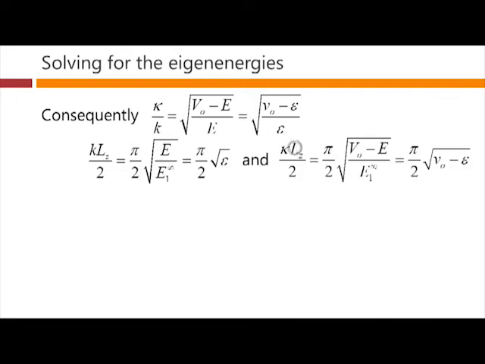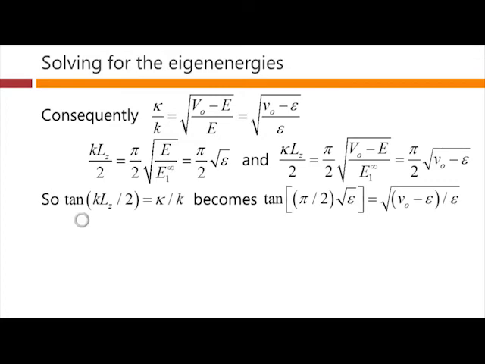And for kappa Lz over 2, again, similarly, we would write that as pi over 2 times the square root of nu naught minus epsilon. So this tangent equation, tan k Lz over 2 equal to kappa over k, becomes tan of pi over 2 times the square root of epsilon equal to the square root of nu naught minus epsilon over epsilon.